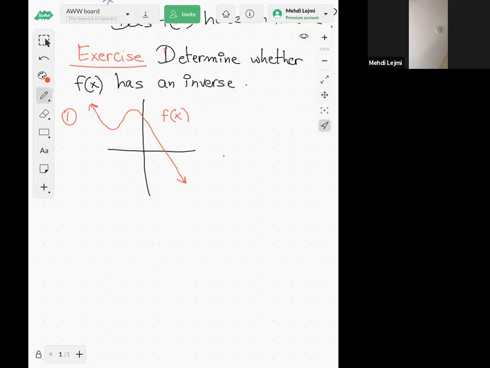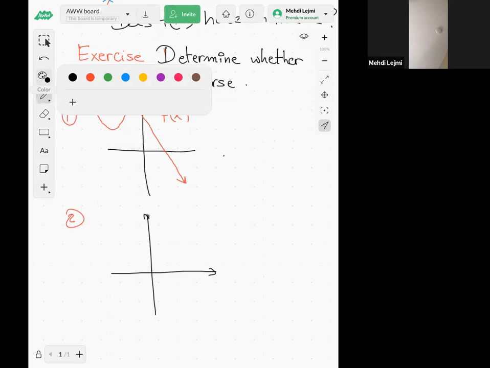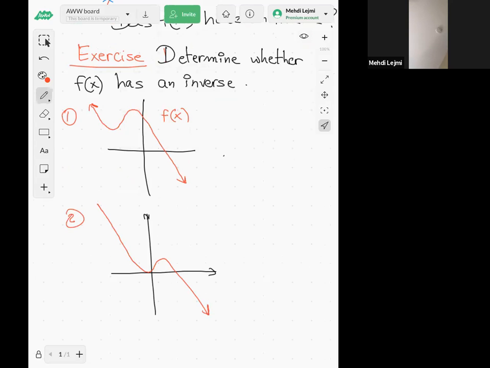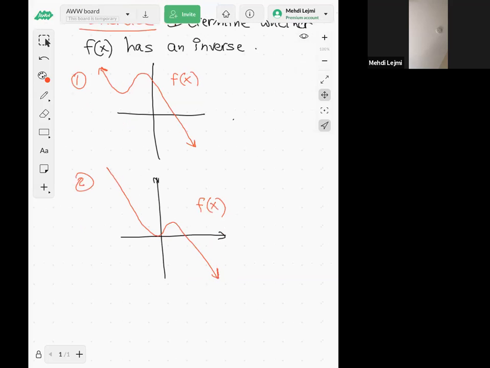Okay, so number 2. Again, f of x, and the last graph, graph number 3. Here's your f of x.